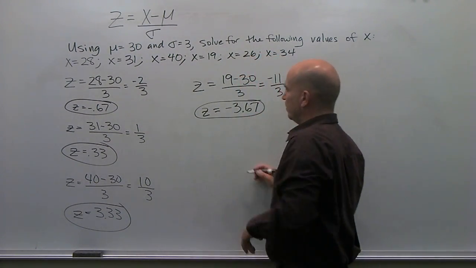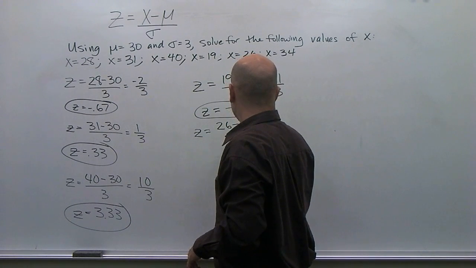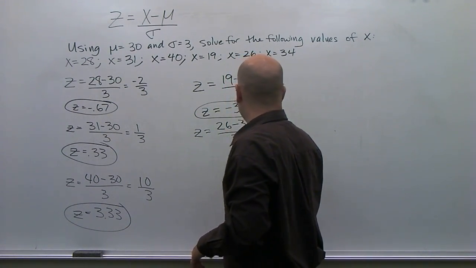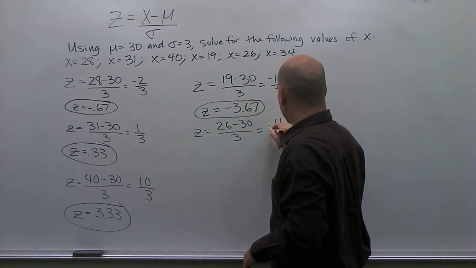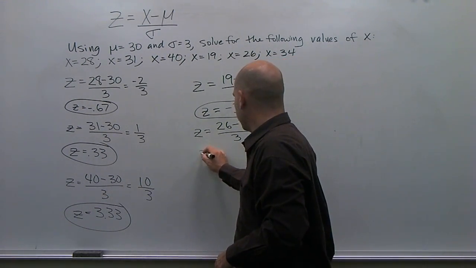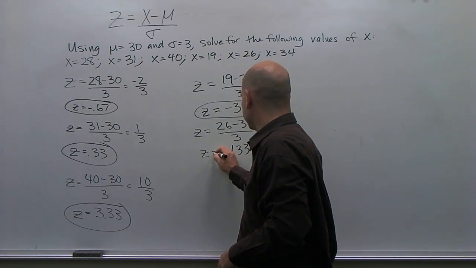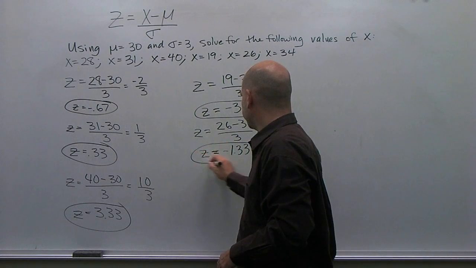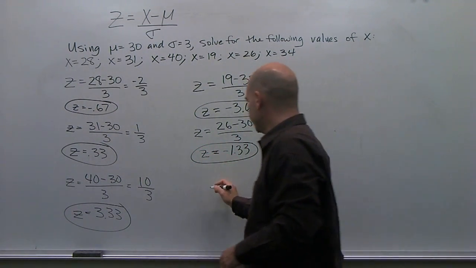Here we have x of 26, z equals 26 minus 30 over 3, which is negative 4/3, or a z of negative 1.33. And then finally, we have an x of 34.